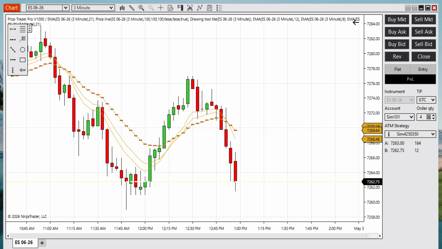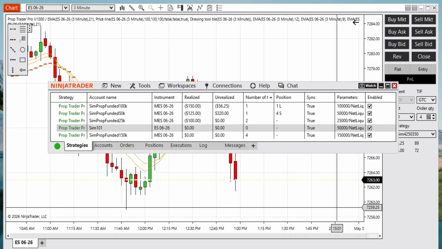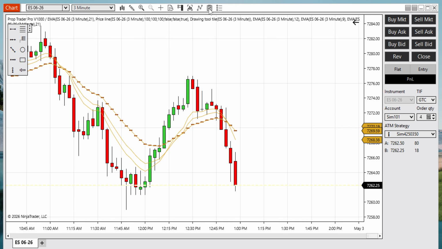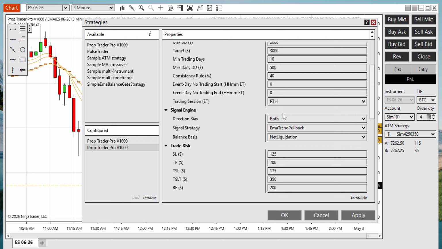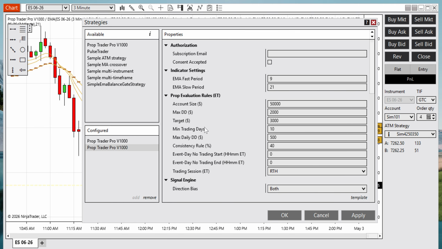Okay, so this is the basic of NinjaTrader and PropTrader Pro setup. Usually the same settings are there in most of the indicators and strategies. Try to ChatGPT these things and see what is what.